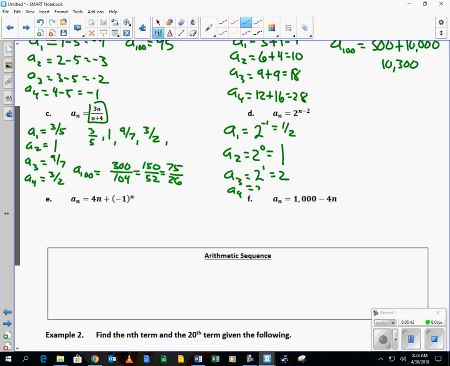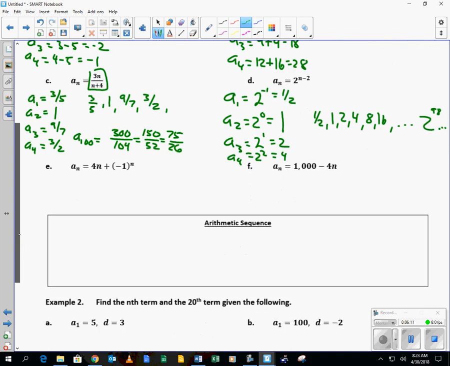A sub 4 is 2 to the 2, which is 4. So you look at your sequence, you got 1 half, 1, 2, 4. Can you predict what the next term is going to be? 8. How'd you get that? Times by 2. What's the next one then? 16. And if you consider the 100th term, 2 to the 98th would be the 100th term.